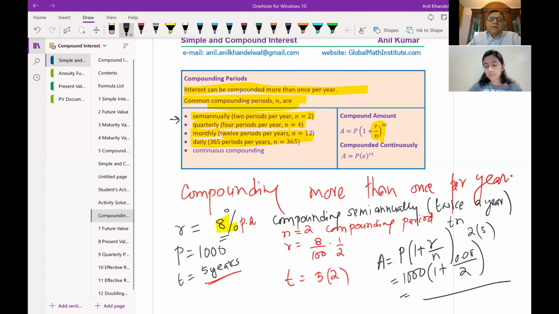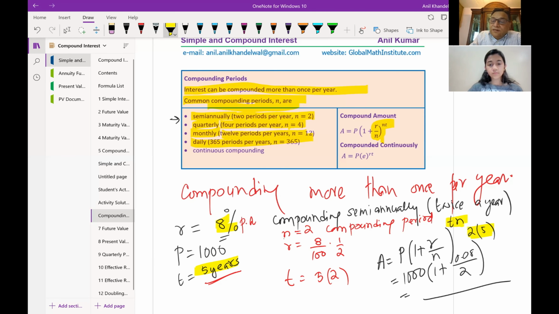So as you can see, when we are compounding semi-annually, the compounding period is twice, right? So in 5 years, how many times will you compound? In 5 years, you get interest 10 times. And therefore the exponent becomes 2 times 5. In general, we multiply by the number of times it is compounded, so the formula gets modified.